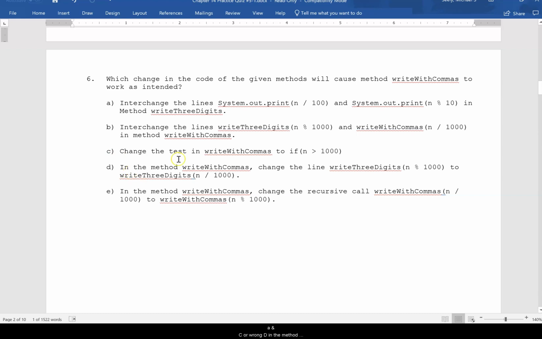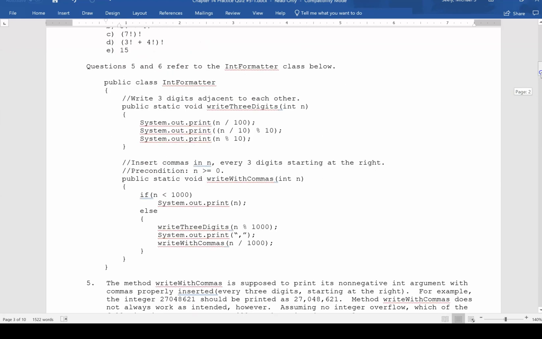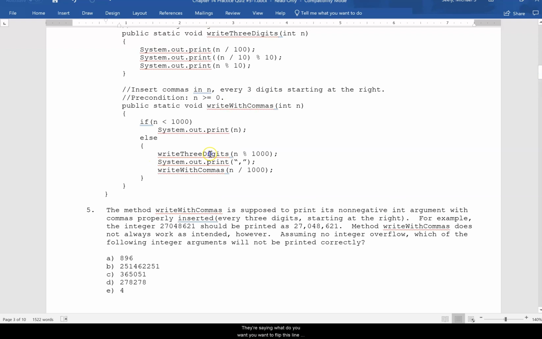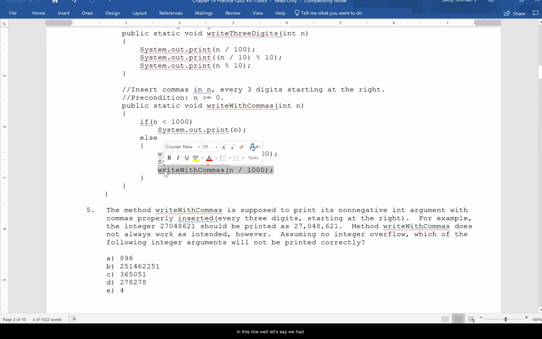D, in the method write with commas, change the lines. So they're saying, we want to flip this line and this line. Well, let's say we had this right here. First time through, that's not that, so we do 365,056, and we would divide that by 1,000, so we get 365, and that would be put in here.